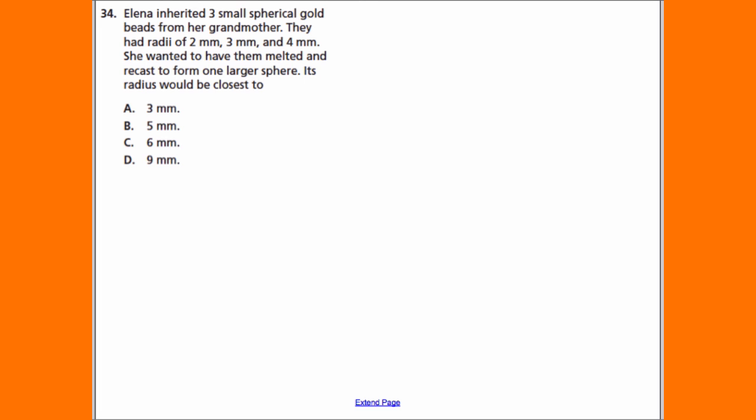Well, in this case, the volume of a sphere is going to be 4/3 times pi times the radius cubed. So let's go through and figure out. She has 3 of them, a 2 millimeter, 3 millimeter, and a 4 millimeter. And she wants to melt those down. So let's figure out the volume of each one individually. So 4/3 times pi times 2 cubed.